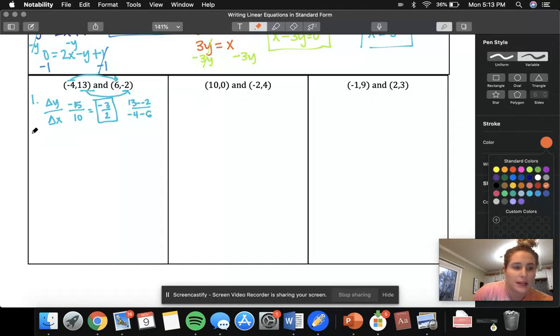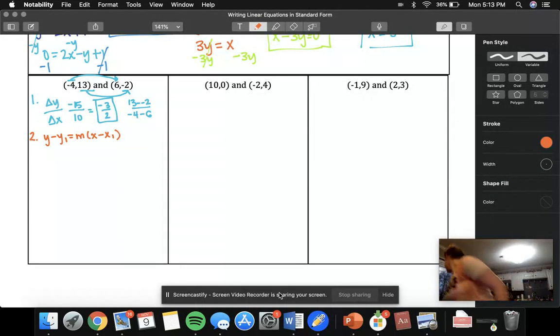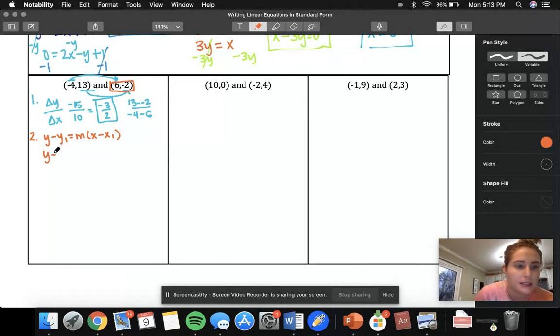Next, we're going to write our slope in point slope form. So I'm going to use this one just because it has smaller values. I just like it more. So I am going to do y minus negative 2, so it becomes an addition problem, equals negative 3 over 2 times x minus 6.